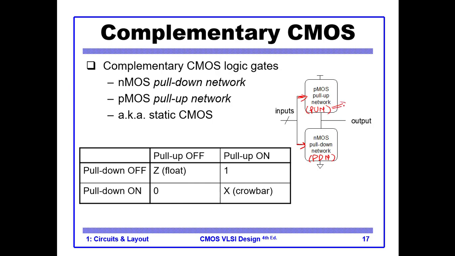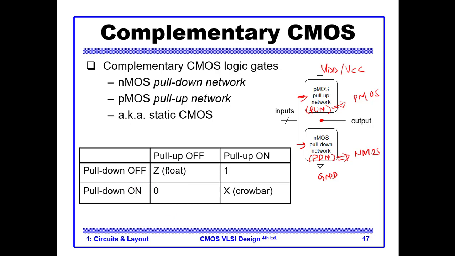And now you know that the pull up network is composed of PMOS and the pull down network is composed of NMOS, and the output is between these two networks. So this is connected to our VDD or VCC, which is a supply, and this is connected to our ground. This is the structure of our CMOS gates.